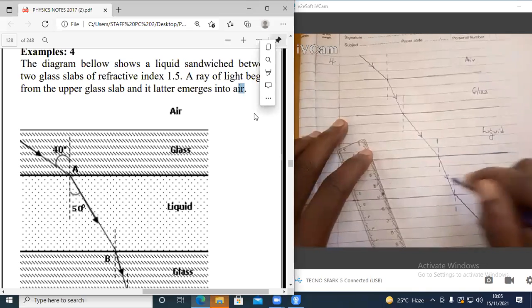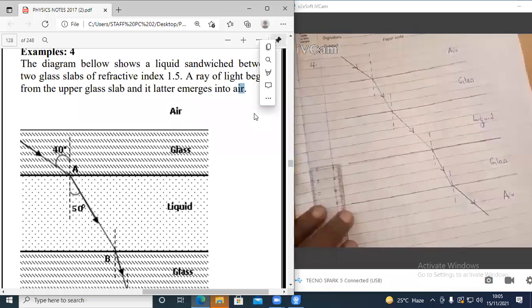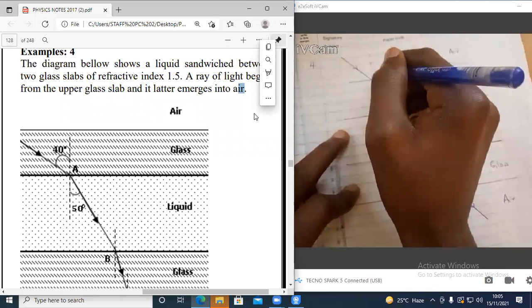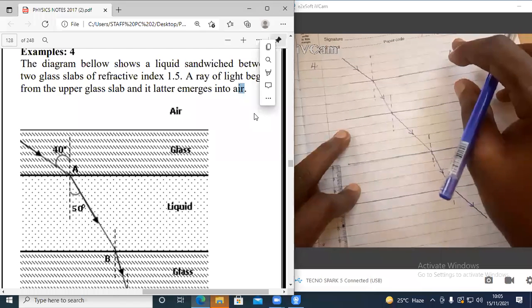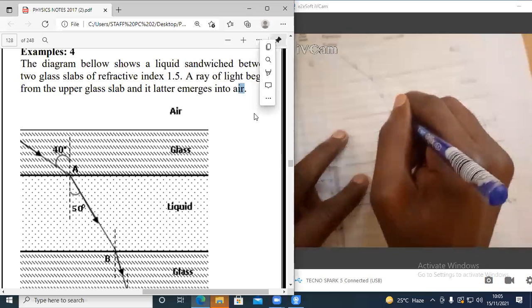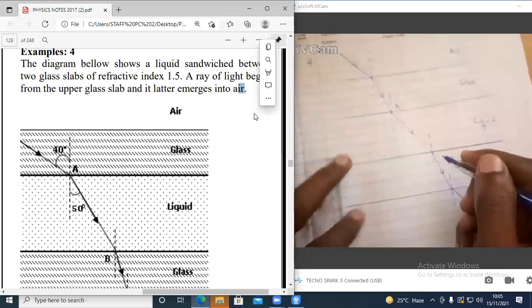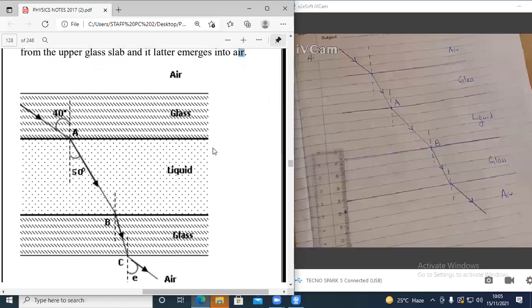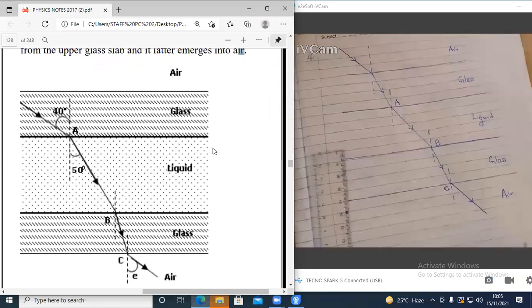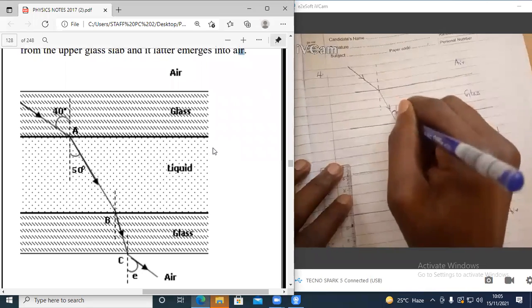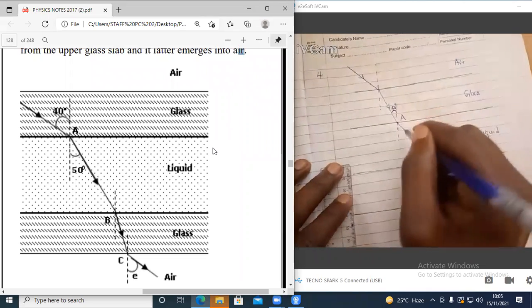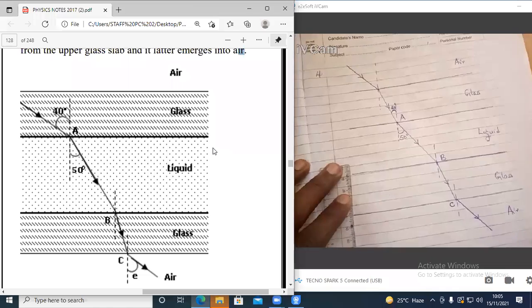This outline is moving, like that. They've called this point A, then this one B, then this one C. This angle was given to be 40 degrees, then this angle was given to be 50 degrees.